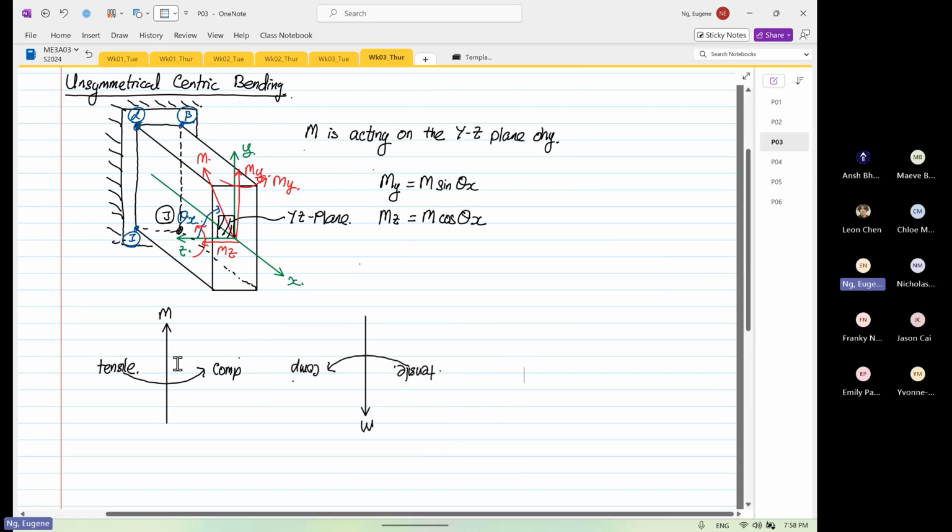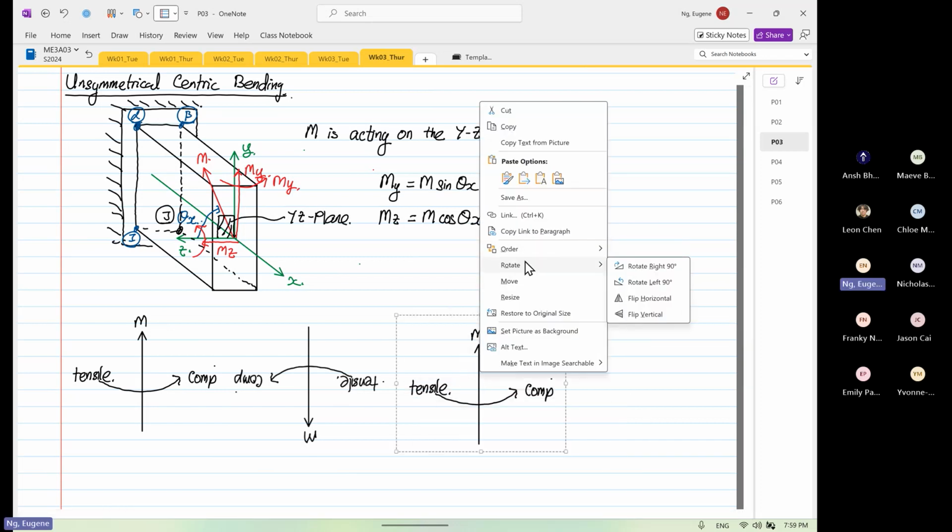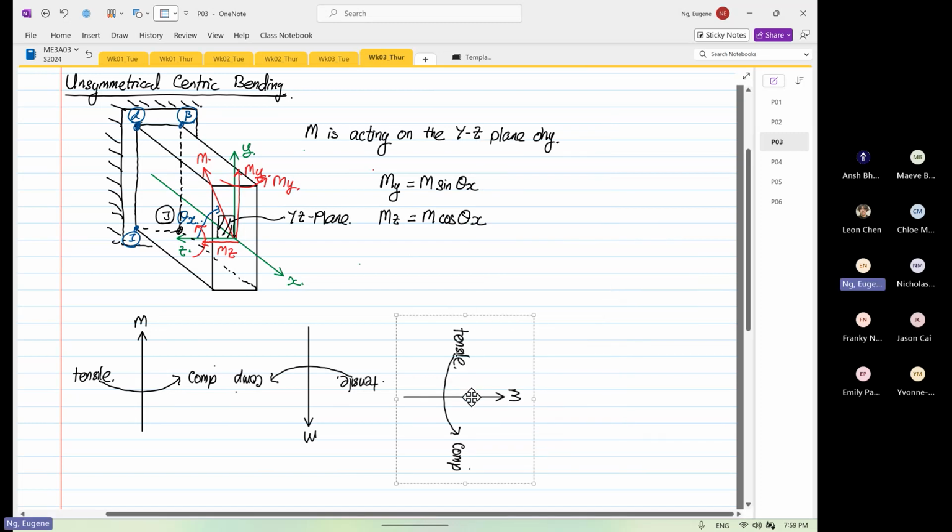And then what if it's horizontal? So when you're sitting for a test and you're not sure, you just draw one direction and rotate your paper. So now if the moment is going towards the right, we are okay. The top is tension, the bottom is compression.